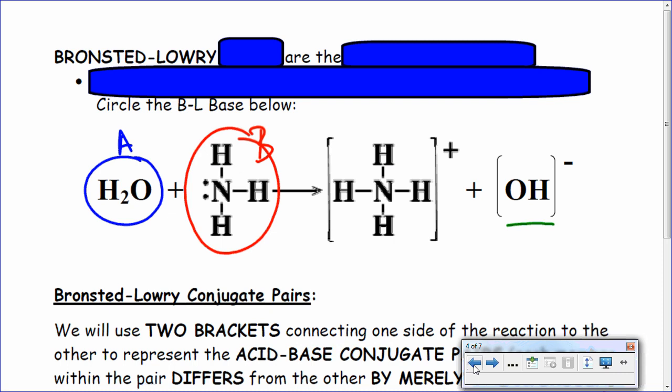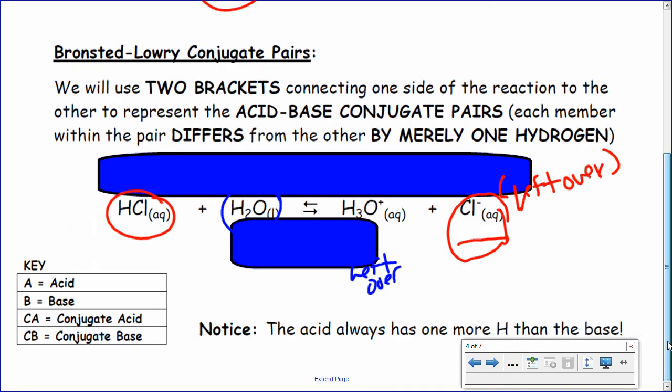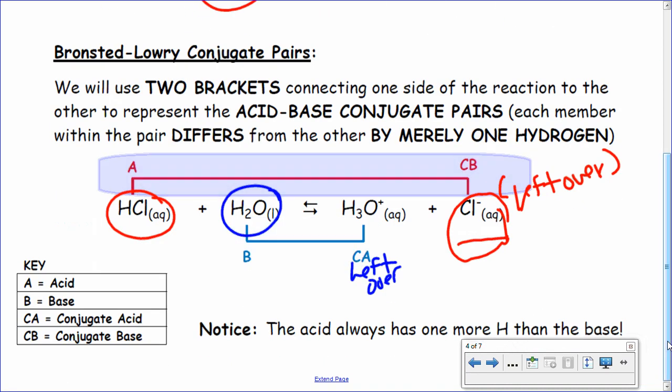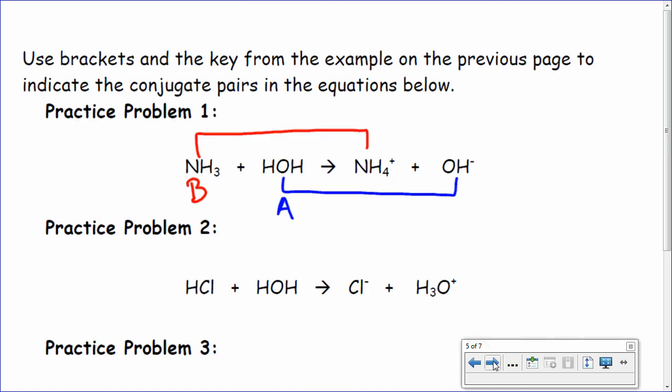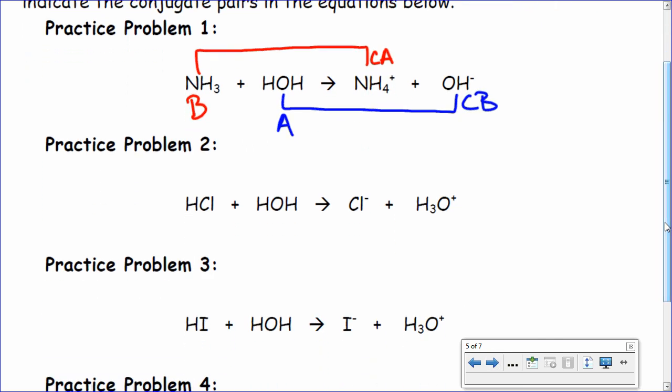Now let's make sure that we label the conjugate acid and conjugate base properly. Base goes with the conjugate acid, acid goes with the conjugate base. So we have to look and see which species is donating protons and which is accepting them.